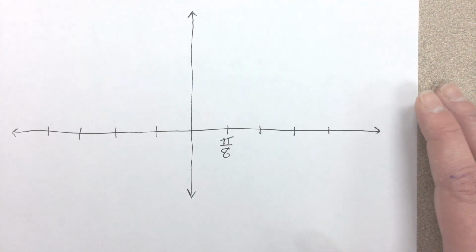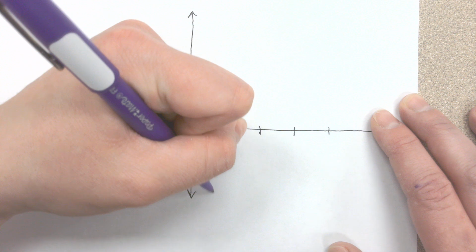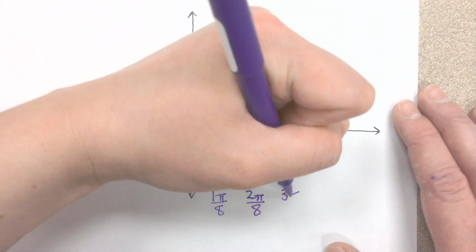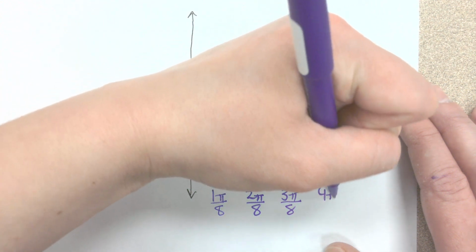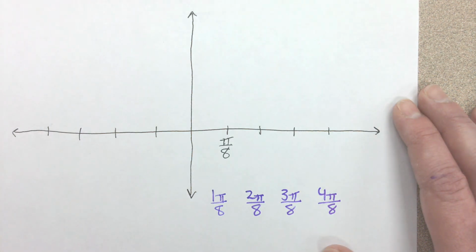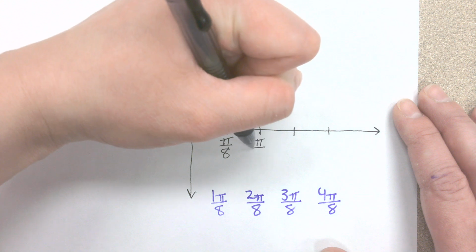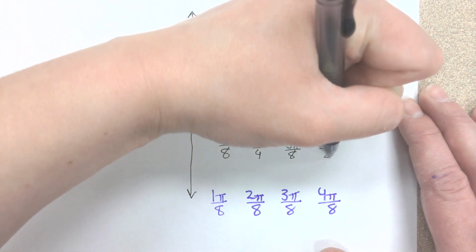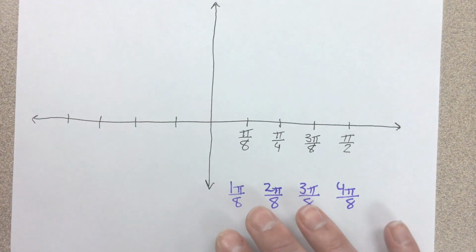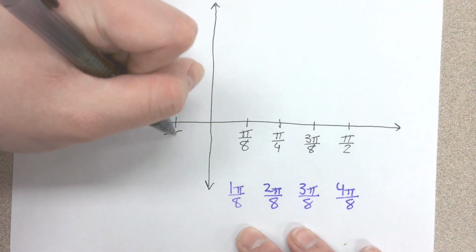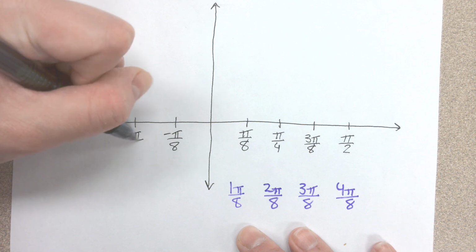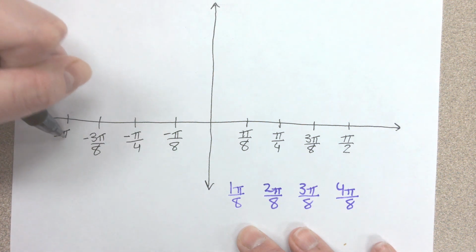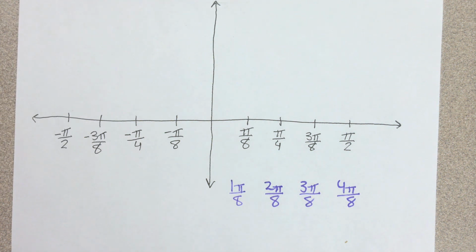From there, I will work with the unreduced fractions at the bottom. We have 1 pi over 8, 2 pi over 8, 3 pi over 8, 4 pi over 8. Reducing, we have pi over 8, pi over 4, 3 pi over 8, pi over 2. Repeat for the negatives. Negative pi over 8, negative pi over 4, negative 3 pi over 8, negative pi over 2.